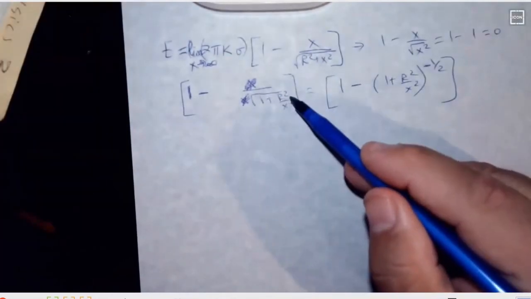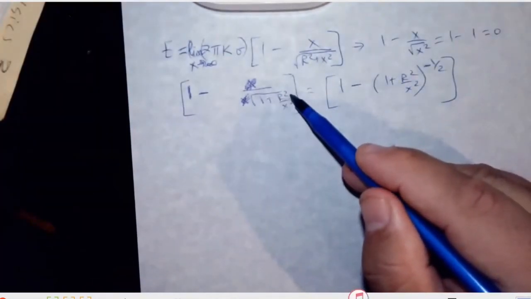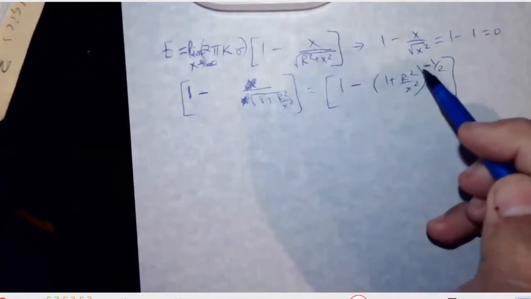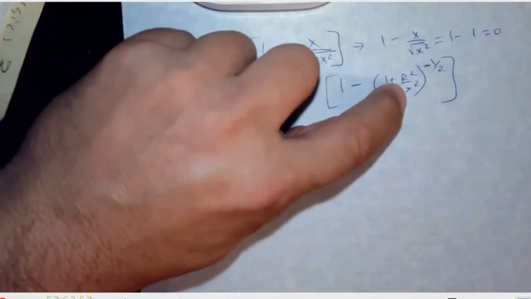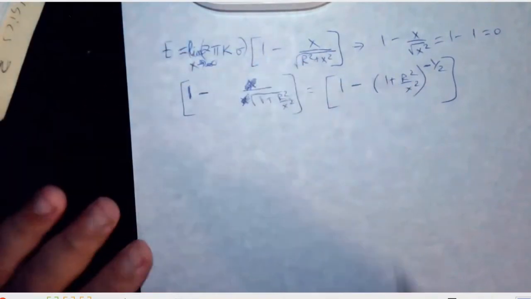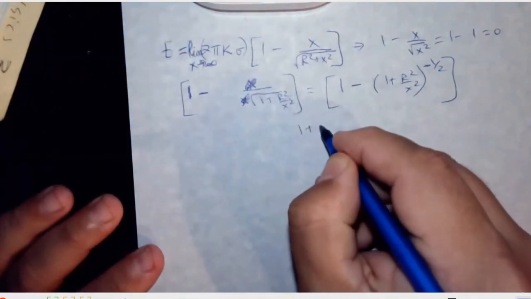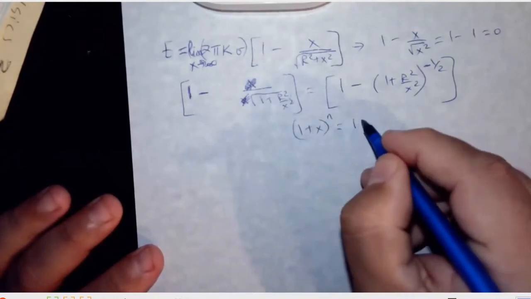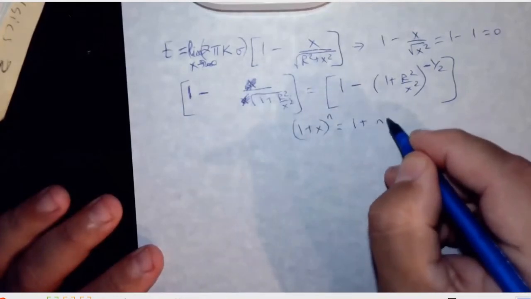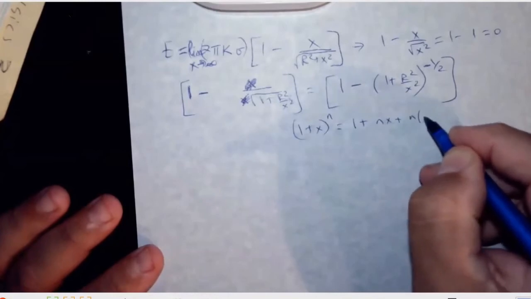Because this is a 1/2 power, it goes up to the top, to the numerator, as a negative 1/2 power. So now if I want to exploit the behavior of this when this is very large, I can use this idea: 1 plus x to the nth power. The Taylor series expansion of that is like this.